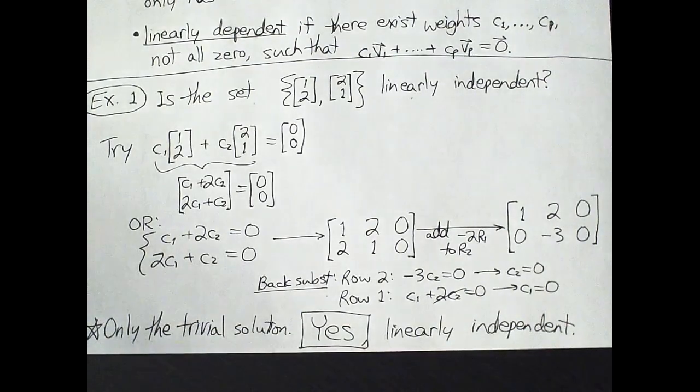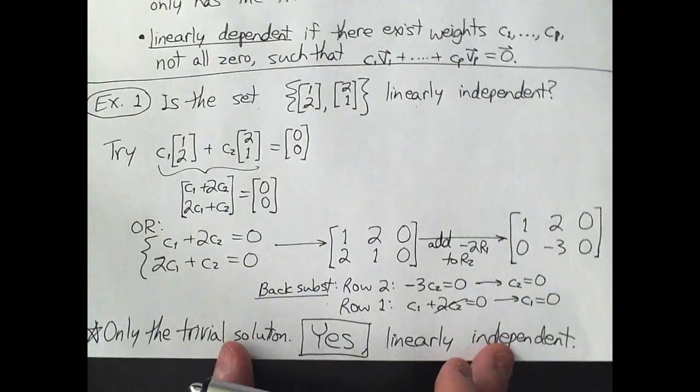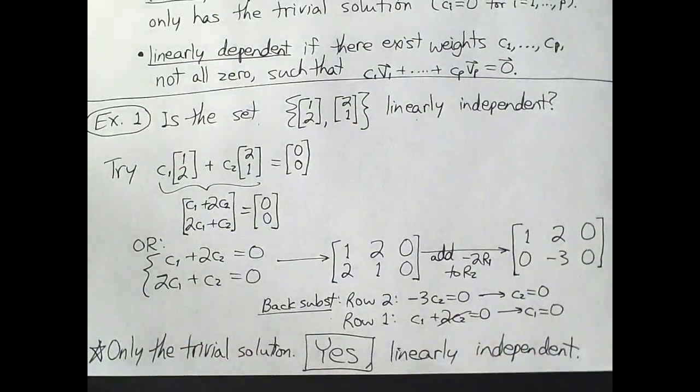Let's do another one. I think the second one I'm going to ask you to try. So take as much time as you need to review this one and make sure you understand this one. I've said this before, but a lot of questions in linear algebra really turn into just solving a system.